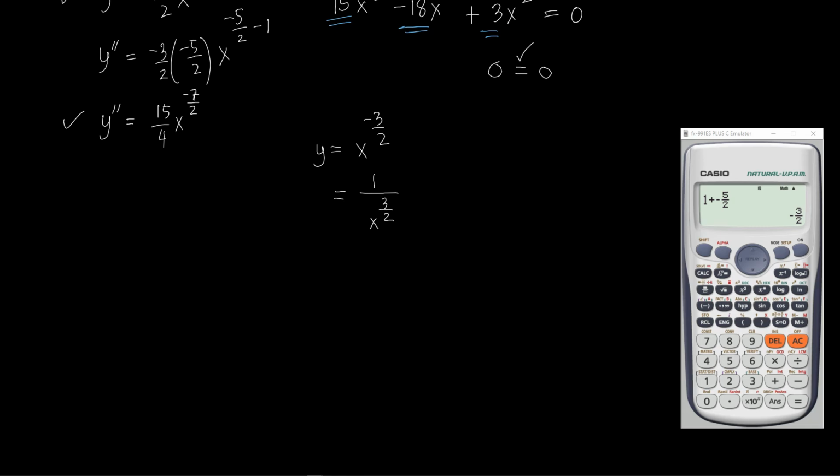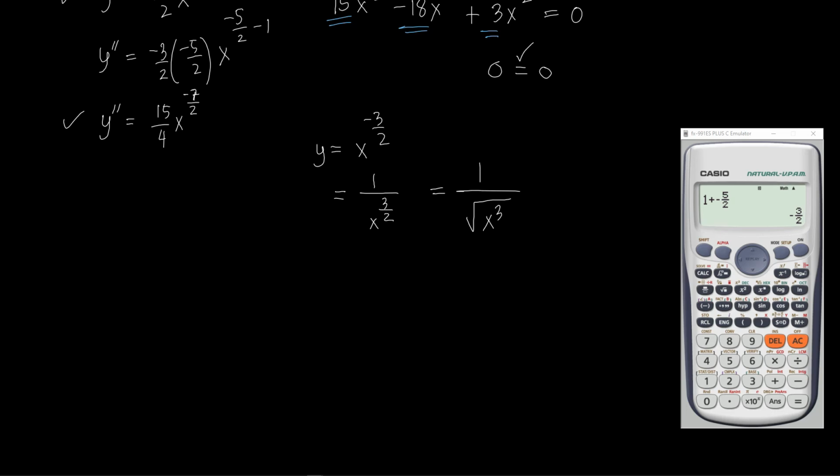Or yung kung nasa baba, pwede natin siyang iangat, tapos ma-change lang yung sign niya. Okay. Then, pwede din natin itong i-rewrite as 1 over, since meron itong 1/2, so that is square root of x cubed. Okay. So, pwede natin siyang i-rewrite ng ganyan.